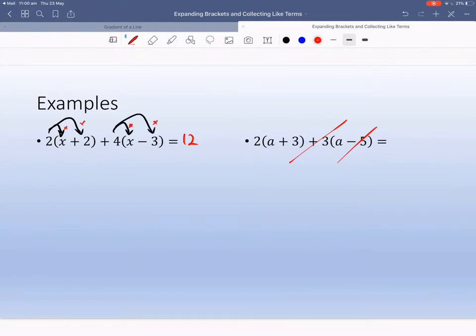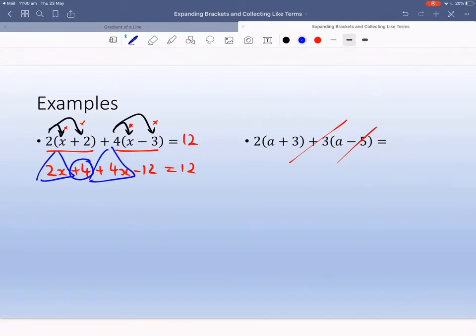A times. So I'm going to quickly do this. So I'm going to go 2x plus 4. So I've ski jumped this guy. Plus 4x minus 12. So I've ski jumped this guy. And that equals 12.